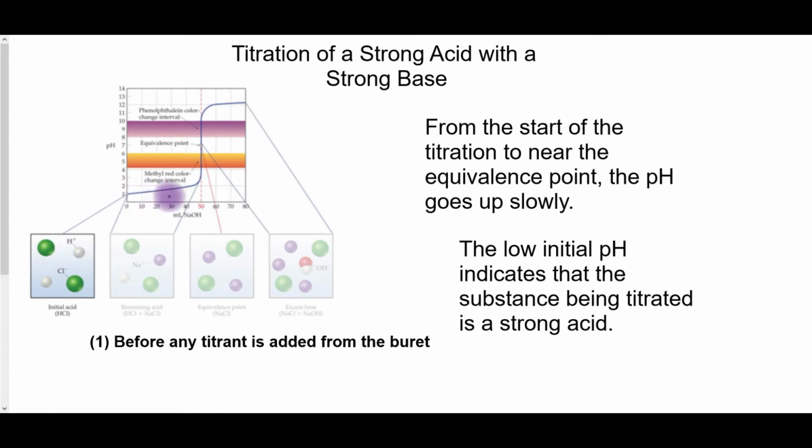As we start to go to the equivalence point, remember the equivalence point is where the moles of acid equal the moles of base, our pH goes up slowly. In this case too, there are two indicators shown on this graph. The orange would change from 5 to 6, and the phenolphthalein would have a change interval here of 8 to 10. Phenolphthalein is often used in titration of acid-base.